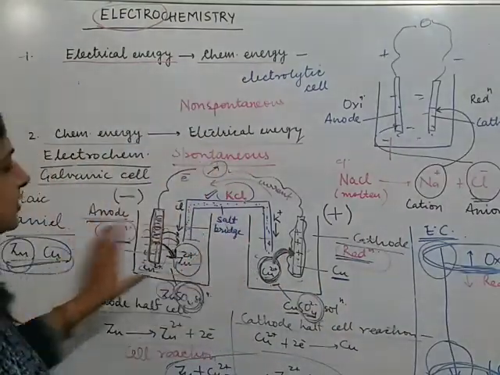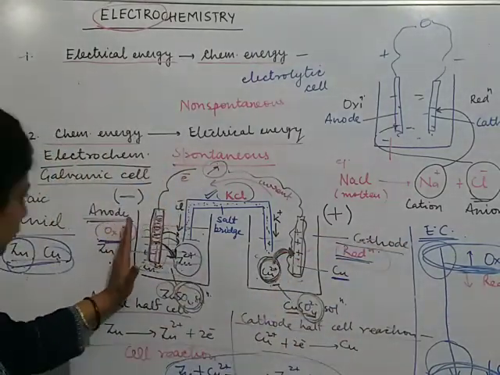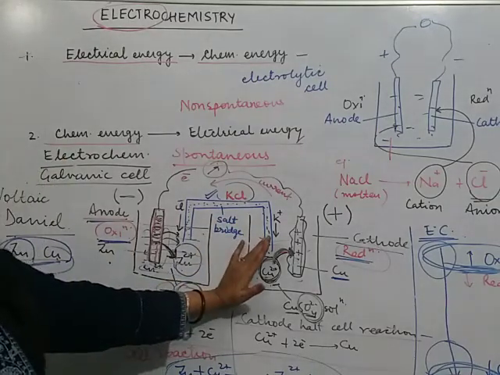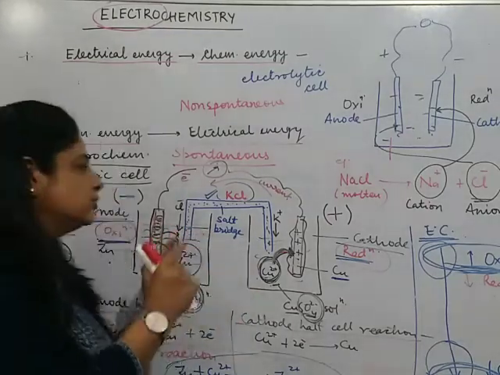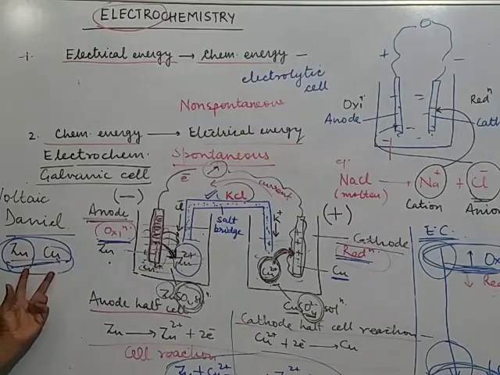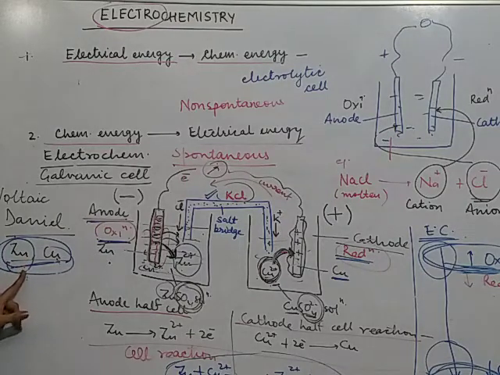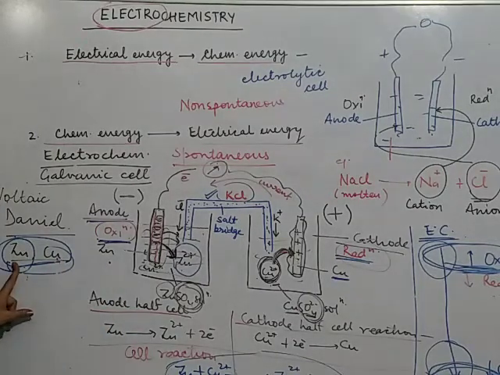But on the basis of the electrochemical series, once we know which of them will act as anode and which will act as cathode, then we are able to tell whether the current will flow from zinc to copper or from copper to zinc. So you can say, if we are taking this particular combination, the electrons are flowing from zinc to copper, while the current will flow from copper to zinc.